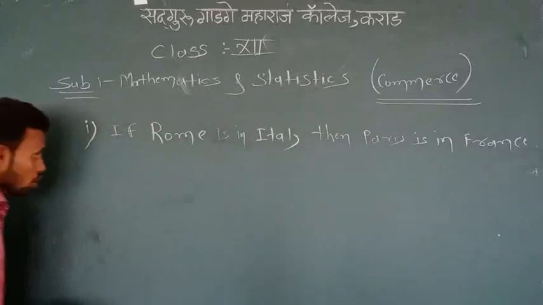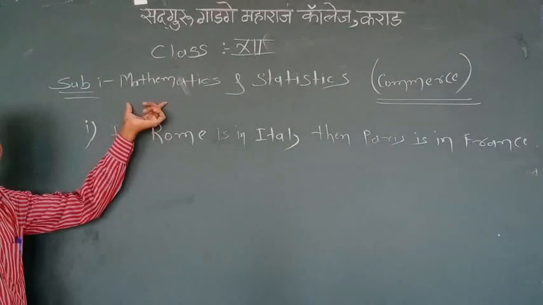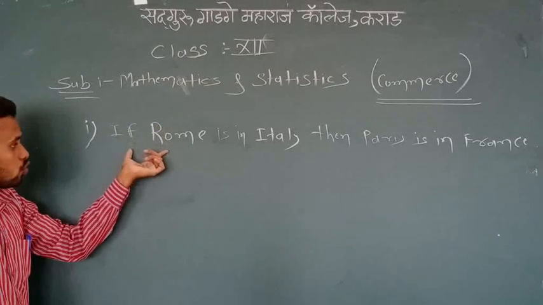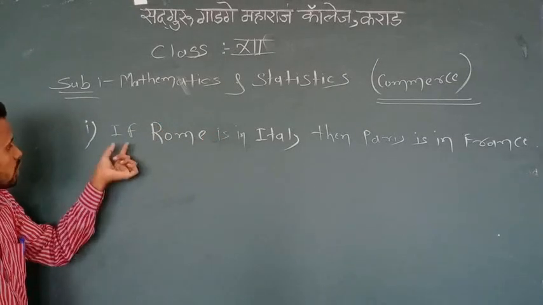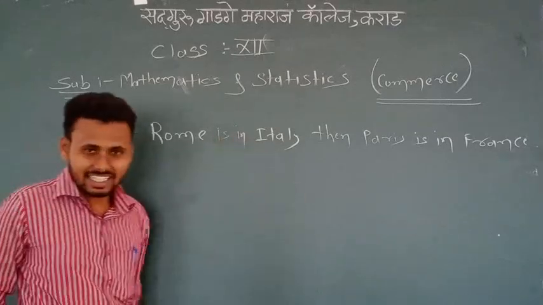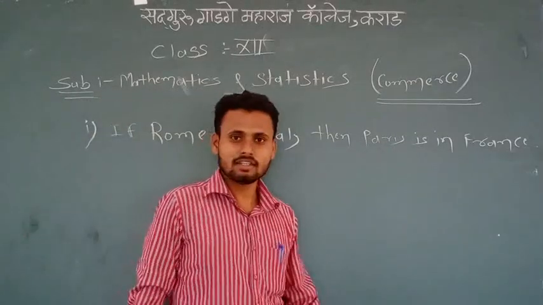Question, what do I have here? Write the truth value of the following statement: if Rome is in Italy, then Paris is in France.